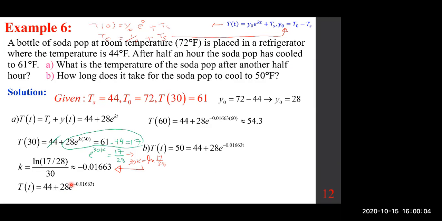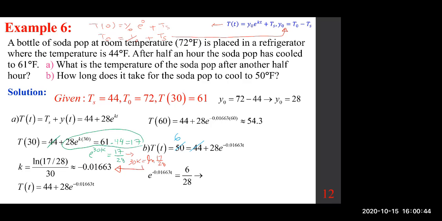Now this, again, you've seen it many times. Subtract 44 and you get 6. Divide by 28. Take a natural log of both sides.